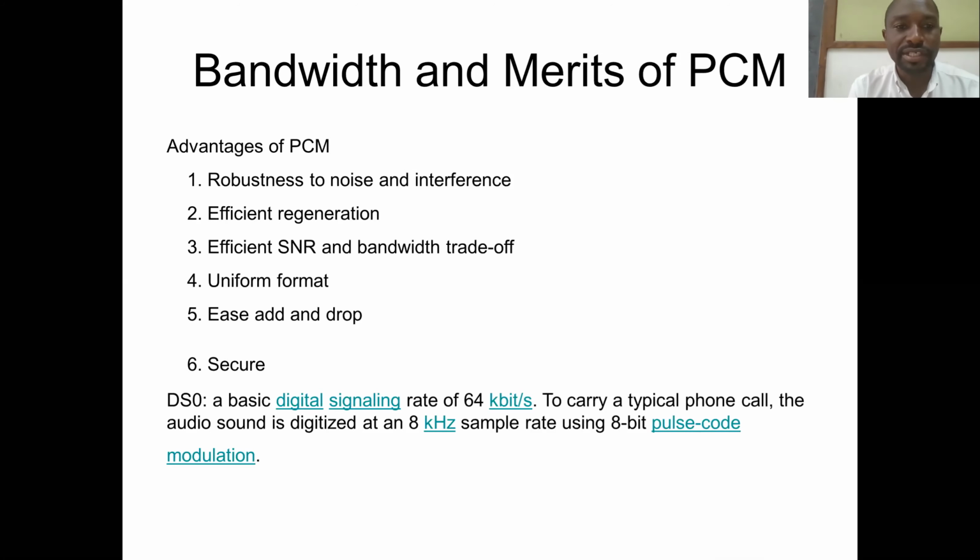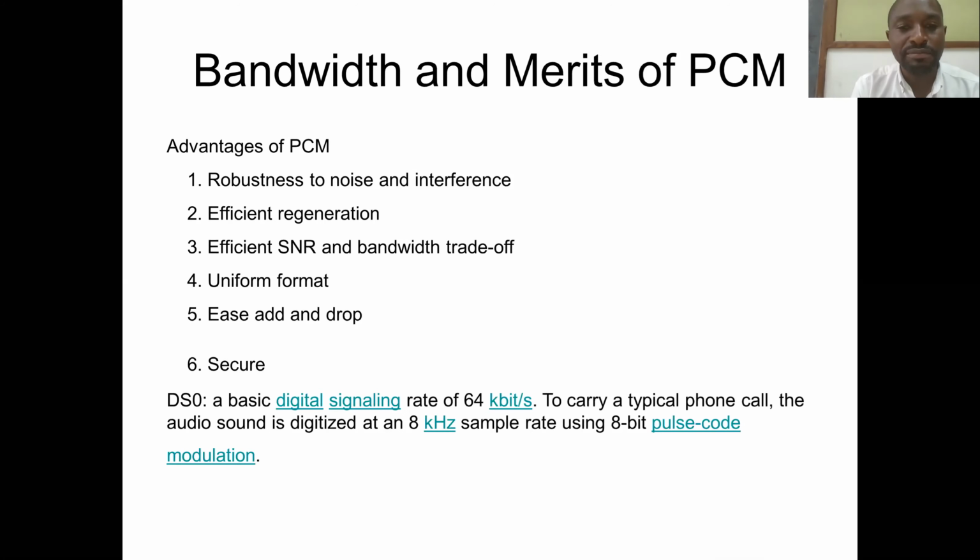And related to PCM is what is known as digital signal number 0, DS0, a digital signal rate of 64 kilobits per second. How is that carried out? If you are sampling at twice the highest frequency for audio, for example, usually audio will have a range of 20 hertz to about 3.6 kilohertz, which is rounded to 4 kilohertz.